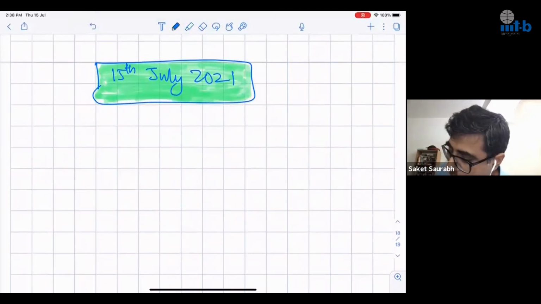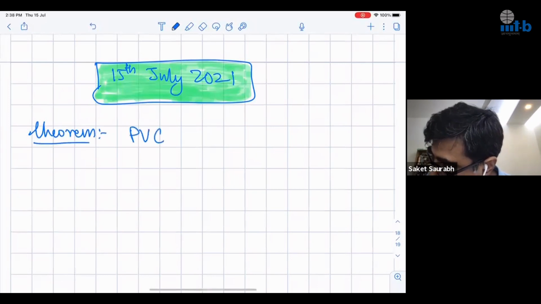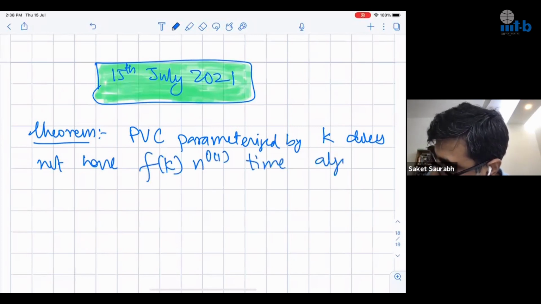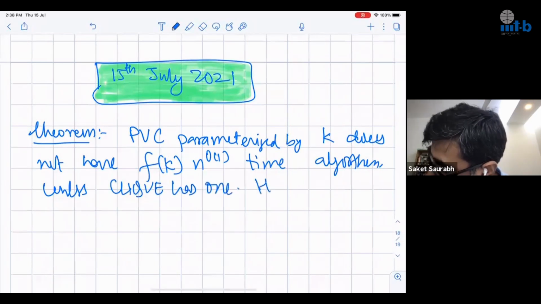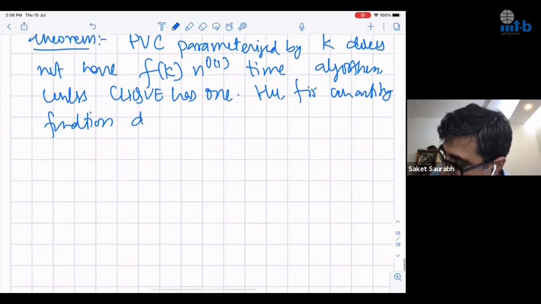Okay, so the theorem which we proved is that partial vertex cover parameterized by k does not have an f of k times n to the power big O of 1 time algorithm unless clique has one, where f is an arbitrary function depending on k alone.